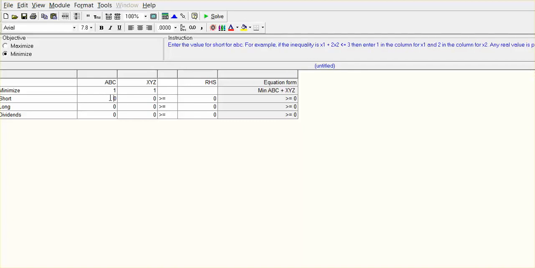For the short term, you were given 9% growth for ABC, and for XYZ you were given 15%, and $1,500. For long term, you were given 1.5 or 150% for ABC and 1.75 or 175% for XYZ, and that had to be $3,500.